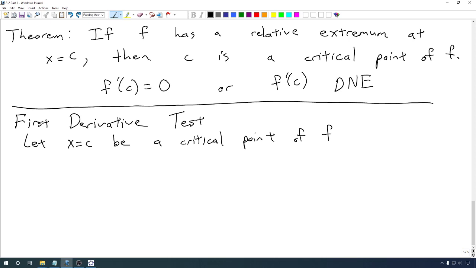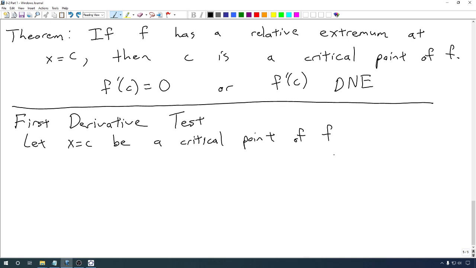We don't have some really weird function that isn't differentiable in a lot of places. We're not going to force it to be differentiable at c. We want to include the critical points where the derivative doesn't exist, but we do want to say that there's at least some region around c where it is differentiable other than that point.